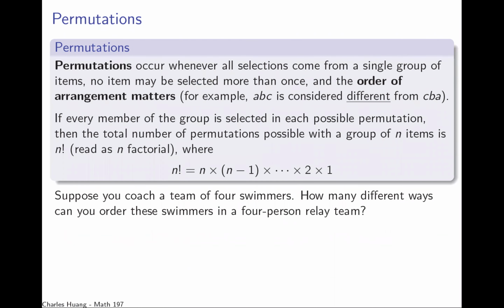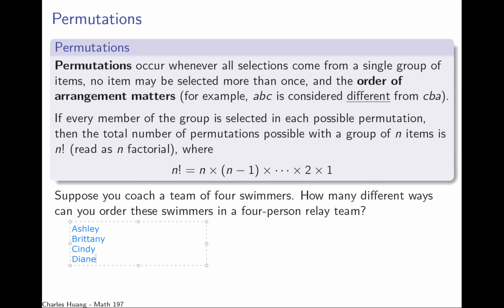The second way that we can do the counting is through something called permutation. Let's suppose we have a team of 4 swimmers. We can call them Ashley, Brittany, Cindy, and Diane.